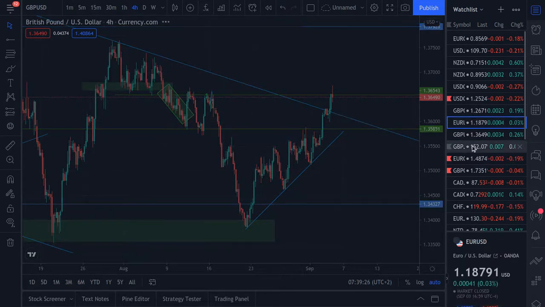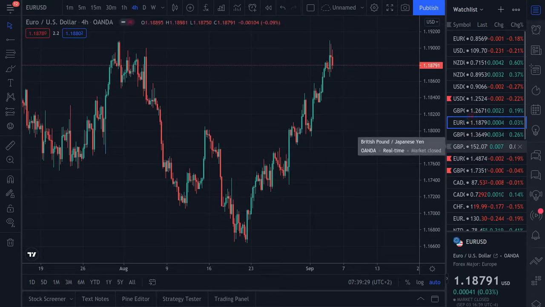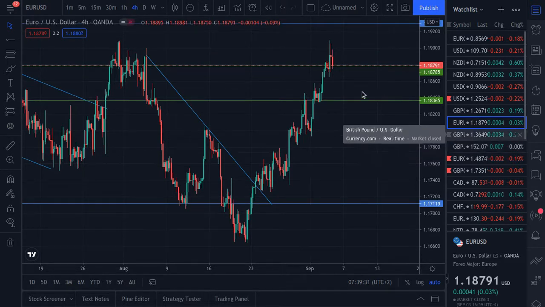So going on to Euro USD, I'm still expecting the same thing. As you can see, this zone right here.